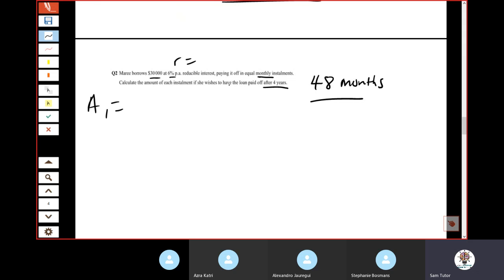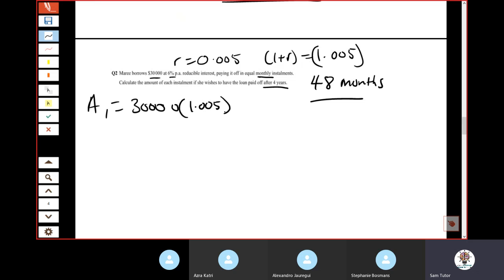R equals 6% divided by 12, which is 0.005, which means my 1 plus R is 1.005. So my A1 is 30,000, how much I borrowed. They're going to charge me some interest, and then I've got to pay back an amount, which we're labeling as R for now. If that makes sense, please move on to A2 and A3.